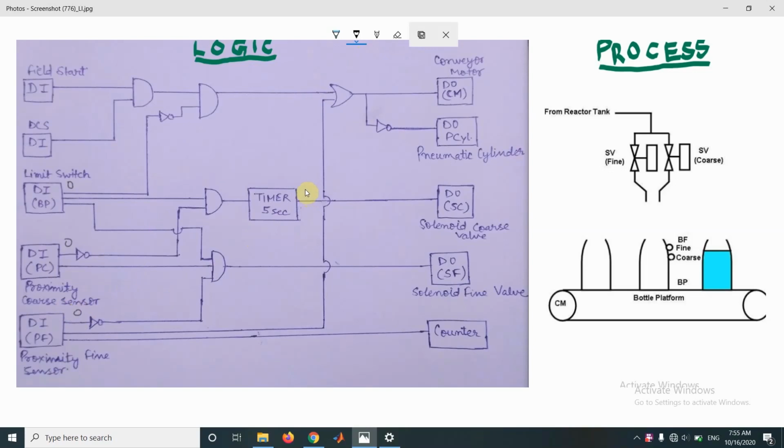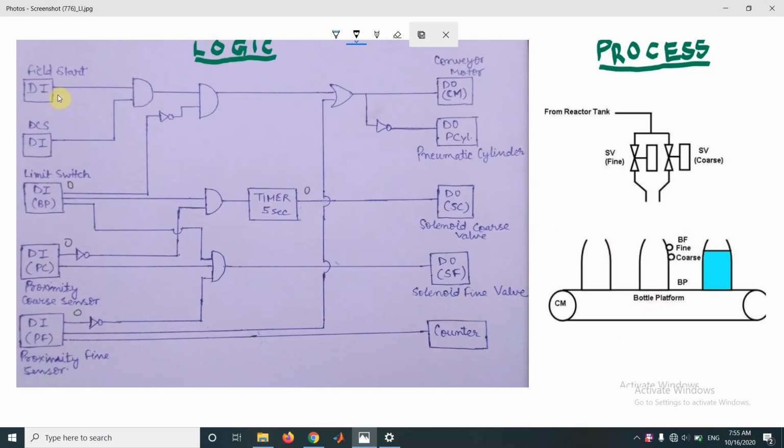Also initially, this timer would be in reset state. The bottle platform requires 5 seconds to raise its level by the pneumatic cylinder. That's why this timer of 5 seconds is placed in the logic circuit. It represents the 5-second time lapse which is required for the bottle platform to be raised by this pneumatic cylinder before the bottle could start to fill.